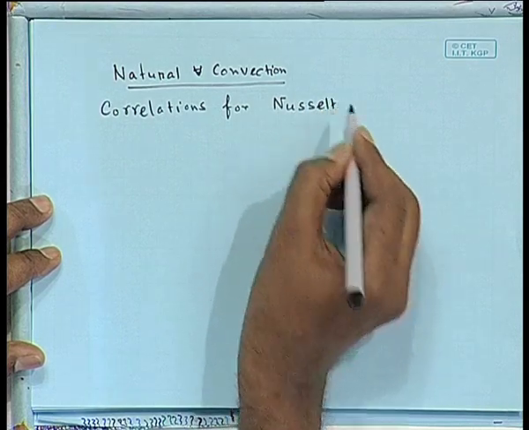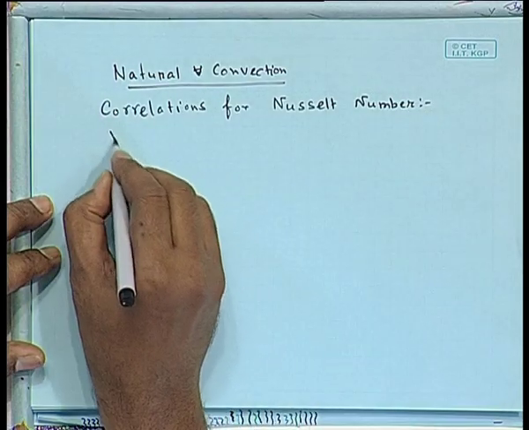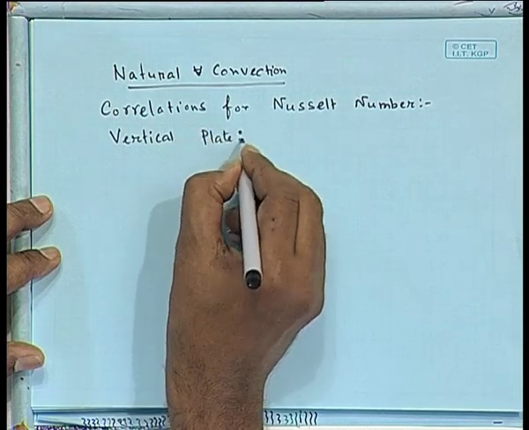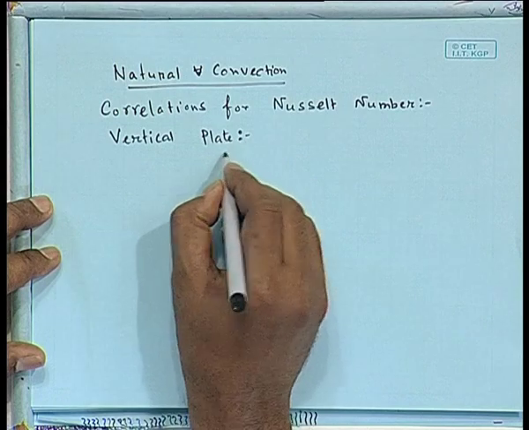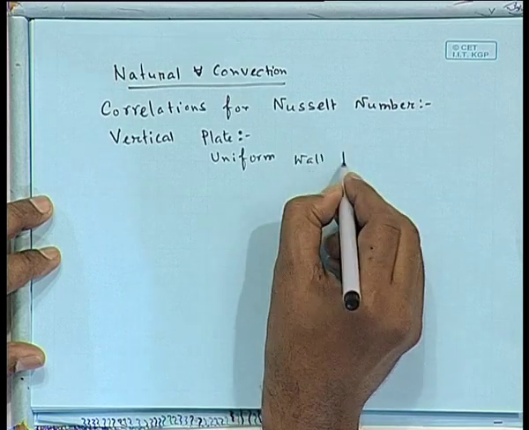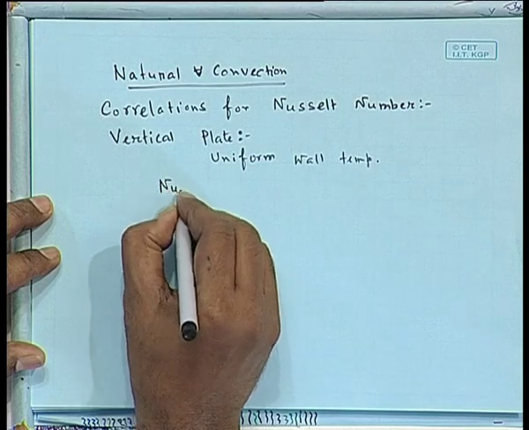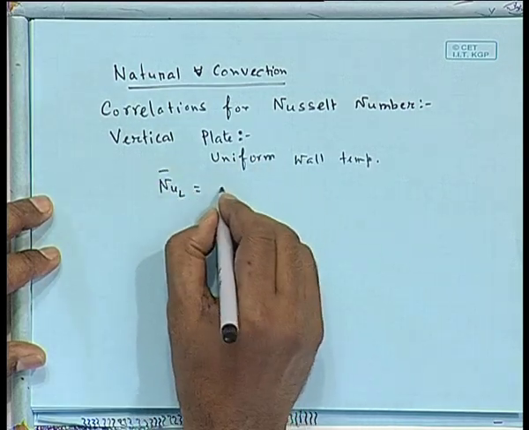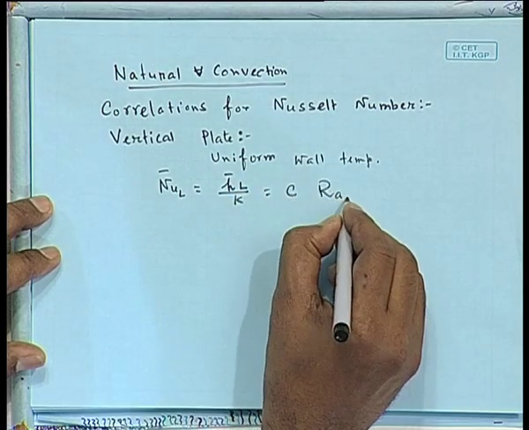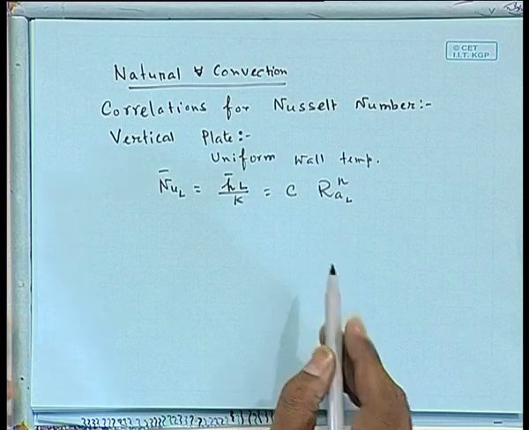Correlation for Nusselt number. For a vertical plate and uniform wall temperature, your length averaged Nusselt number is represented in this form: C times Ra_L raised to the power n.